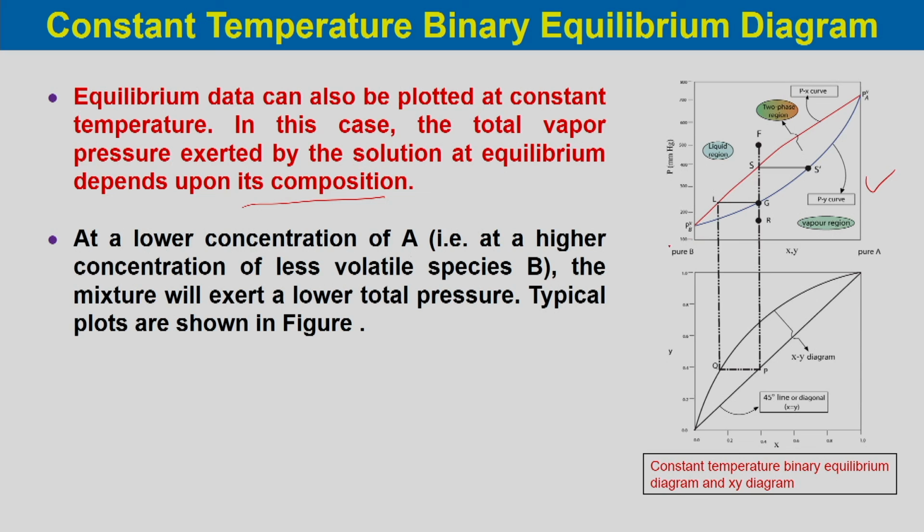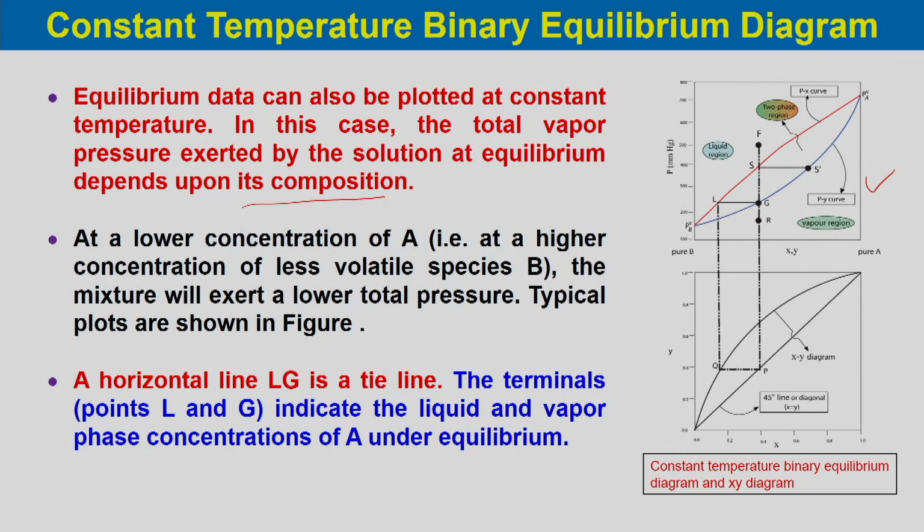When we have very little of the more volatile component, the total pressure will be low, because it will exert a lower vapor pressure. A horizontal line LG is a tie line, which is shown over here.